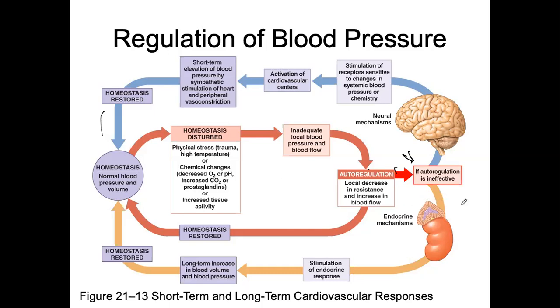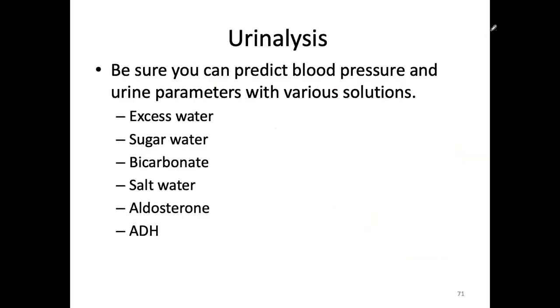Then it's going to be hormone regulated. So you're going to release aldosterone, and that should restore blood volume. If aldosterone doesn't restore blood volume, then you've got a problem. Then you're going to go into heat shock, and it's going to be a disturbance. You need to get to the ER and get fluids quickly.